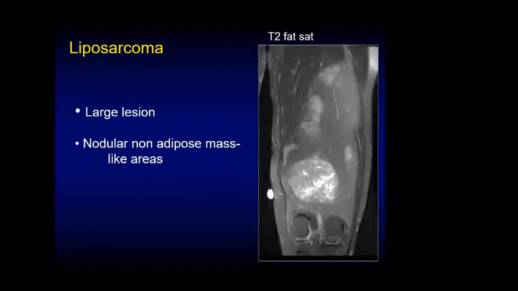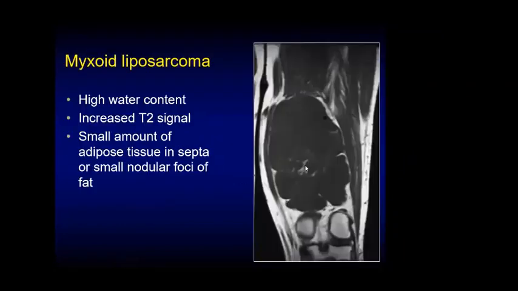You have a small lipomatous component and a large myxomatous component. So that's how myxomatous liposarcoma looks different from the typical liposarcoma. Okay, so this is a myxoid liposarcoma.